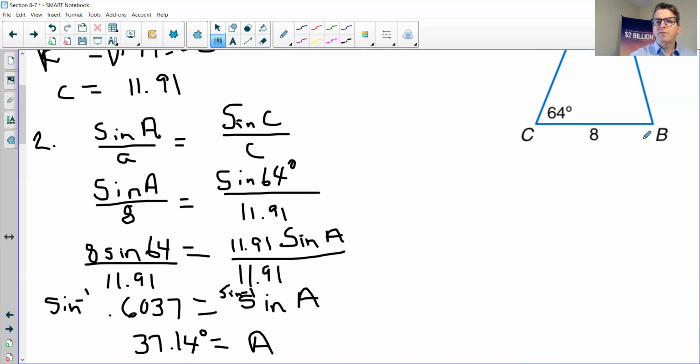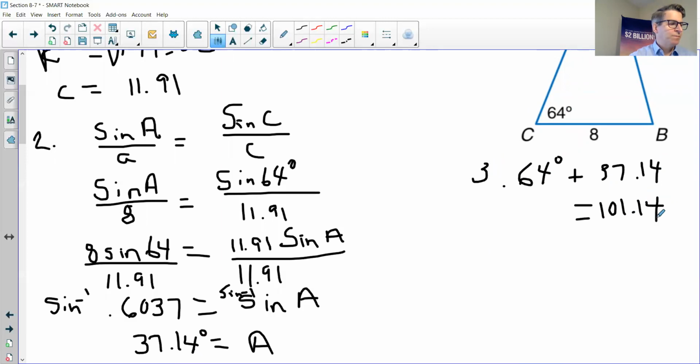So you know A is 37.14, and you know C. Step 3 would be taking your 64 degrees from C and 37.14 from A and adding those two together, you get 101.14. If you subtract that from 180, that is 78.86.